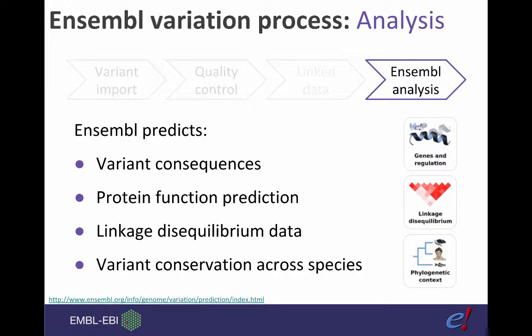We can run linkage disequilibrium calculations, for which we use the 1000 Genomes data set, looking at whether your variants are co-inherited with any other variants. And we look at variant conservation across species using our whole genome alignments, which Astrid is going to talk about in the next session.